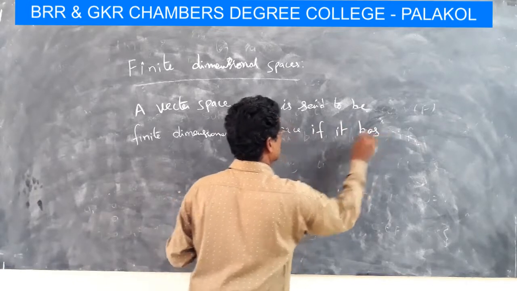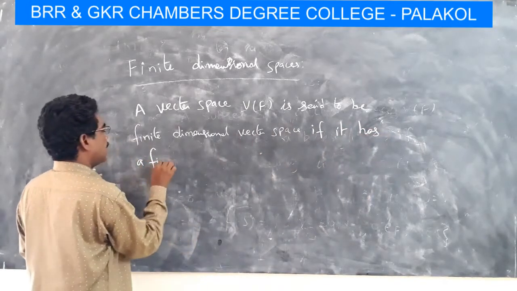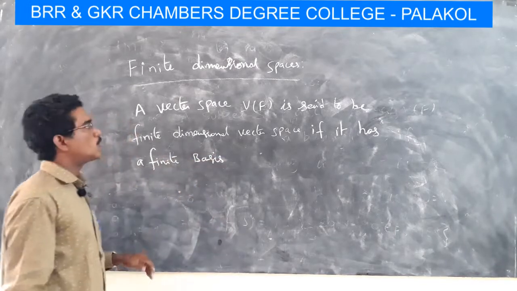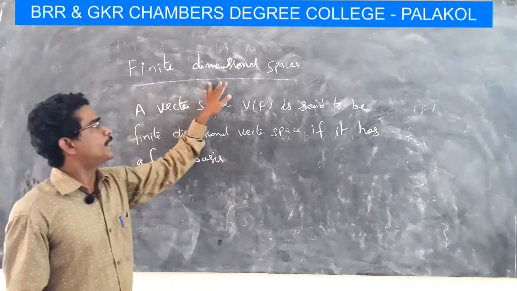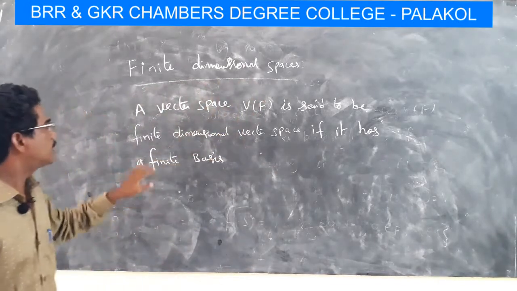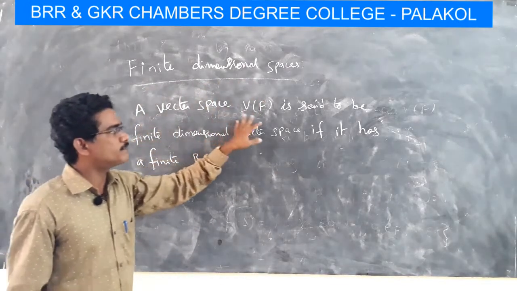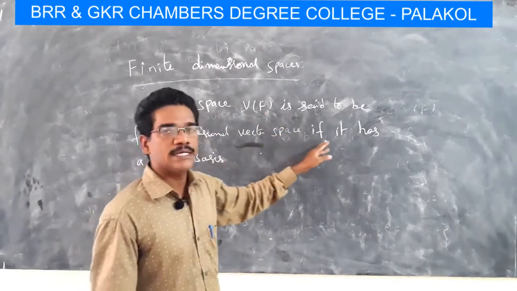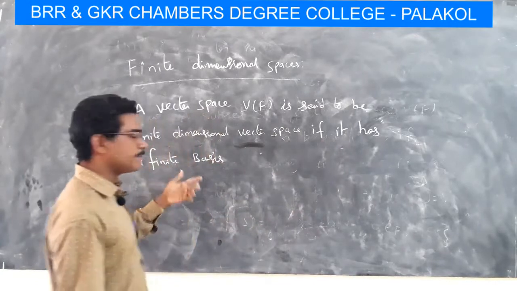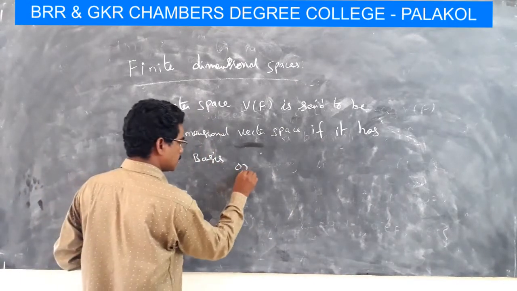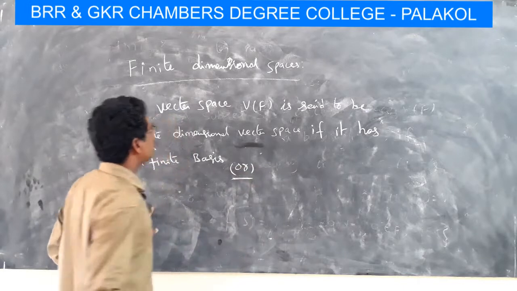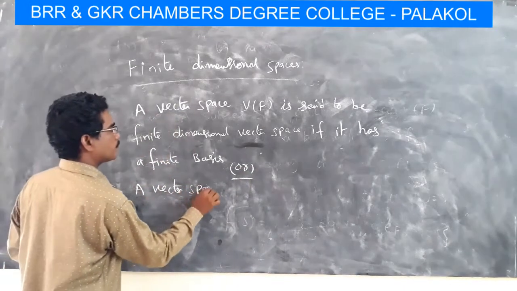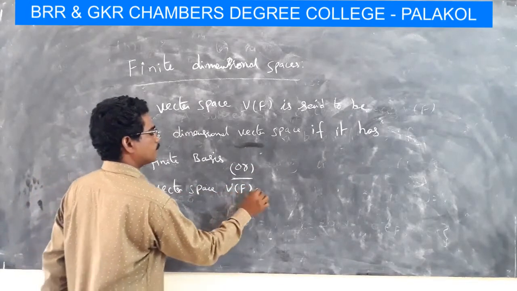Here, a vector space V over F is said to be a finite dimensional vector space if it has a finite basis. Another definition follows.